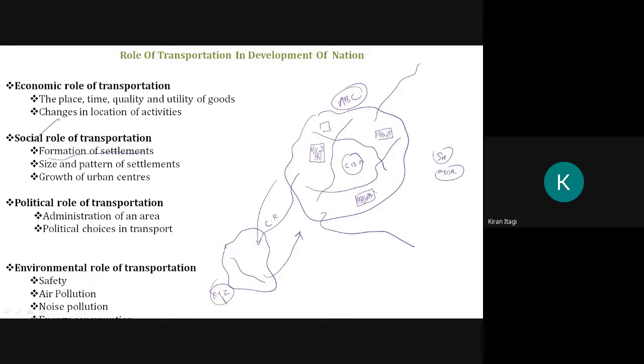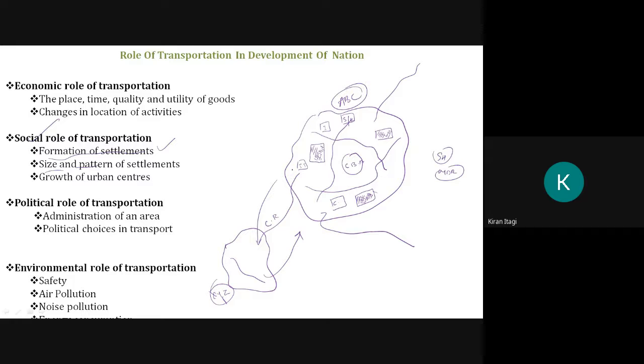Slowly the industries will start: small scale or large scale industries, ITs, some big construction companies. So the formation of the settlement will start, along with the size and pattern of the settlement.